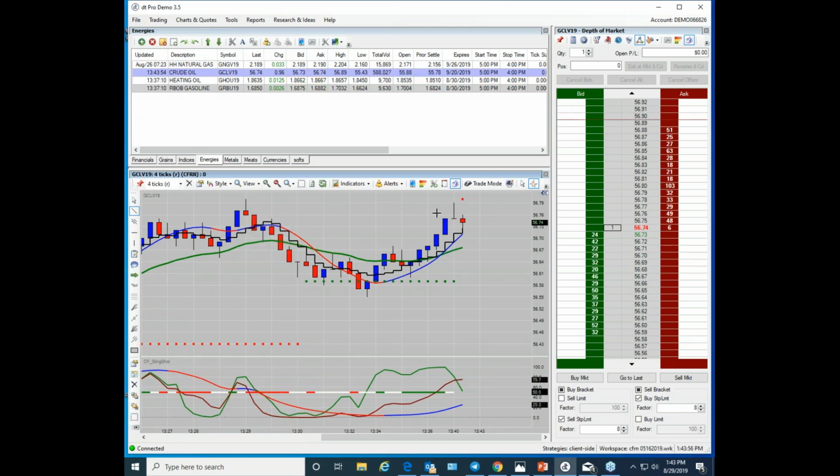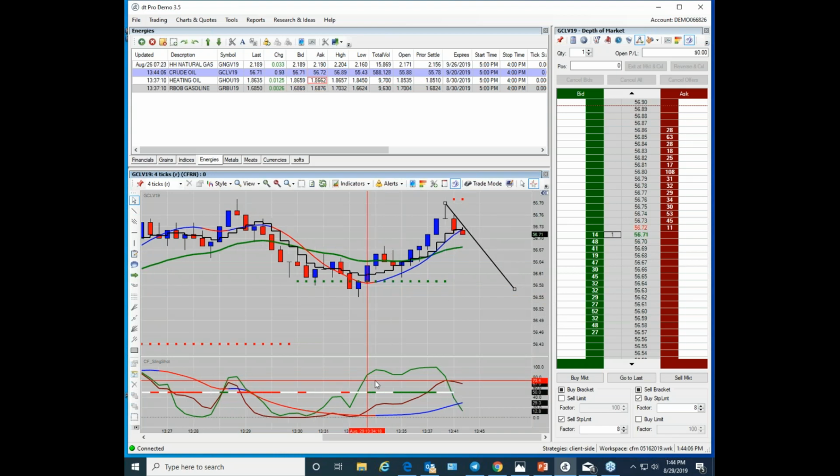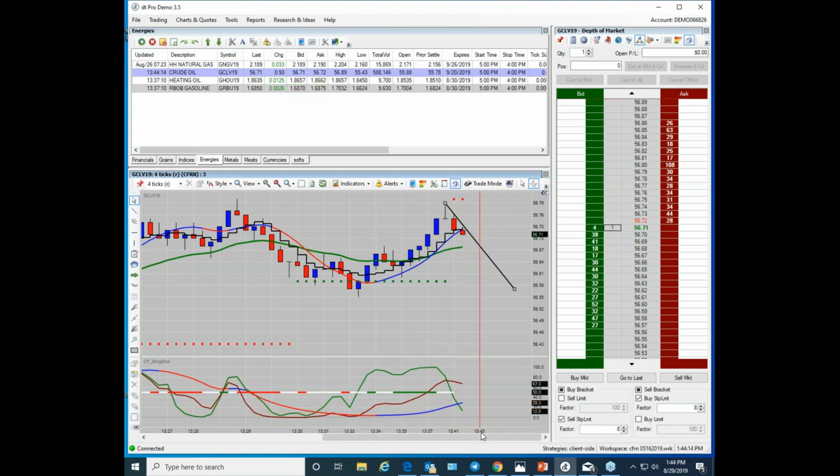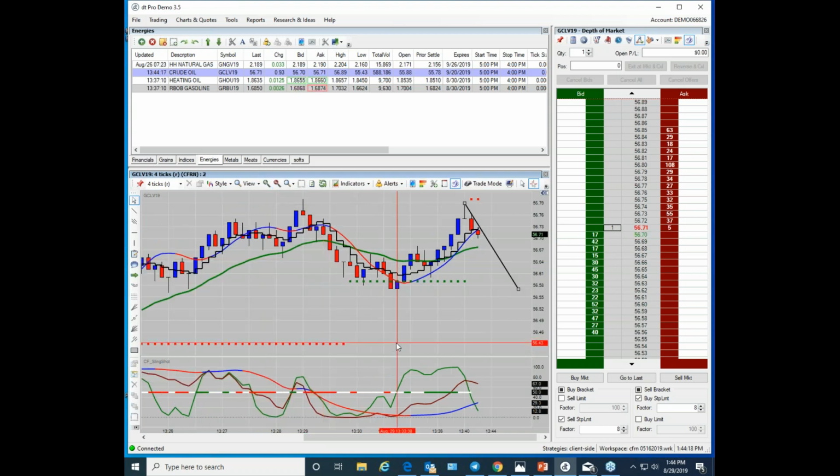So that's why we're just in watch mode. For the moment, if we have a down close, our trend line is going to look like this. So notice the green line is getting underneath, which is good. We might have some separation.